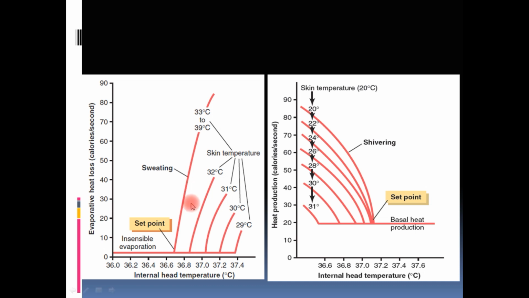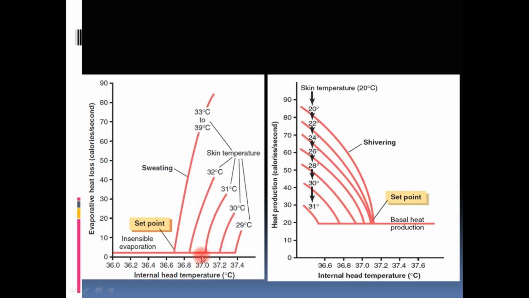What will happen if the set point temperature is going to higher levels? As the skin temperature is decreasing because of the decrease in the environmental temperature, the body set point temperature is increasing.